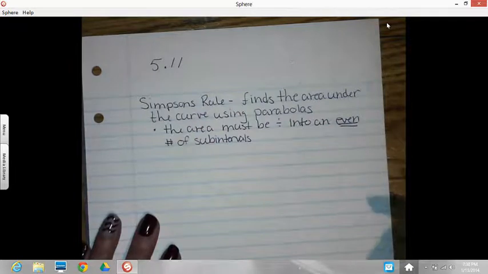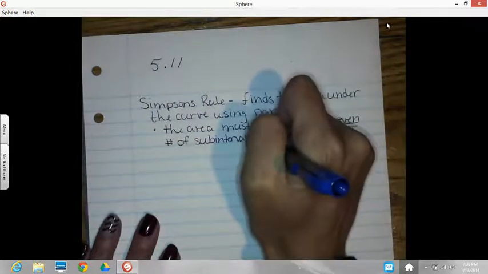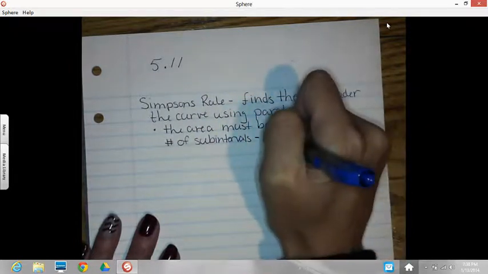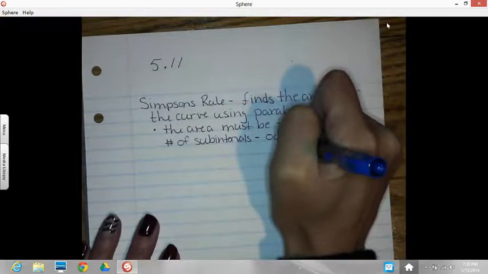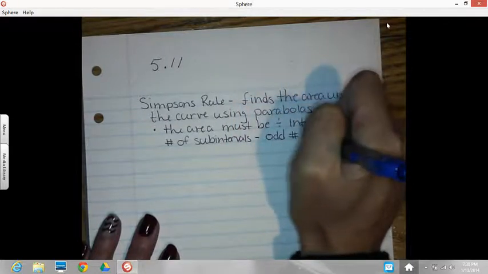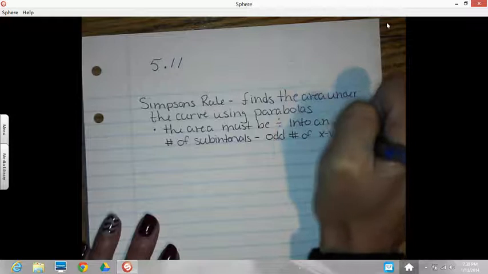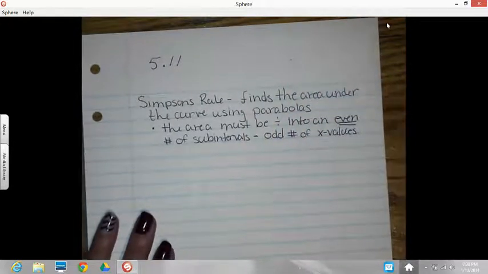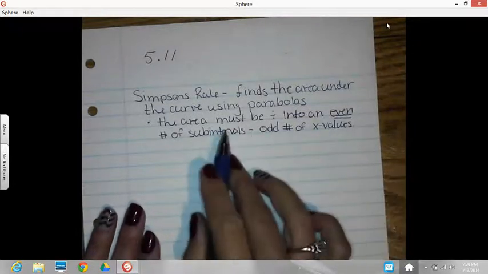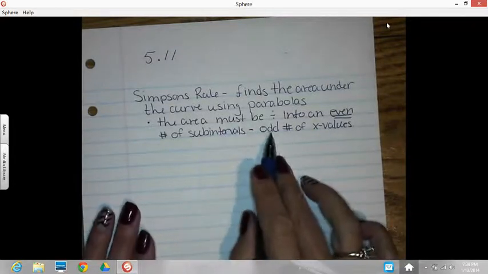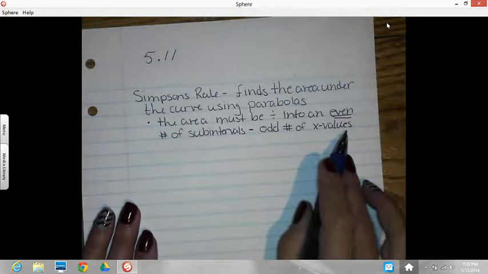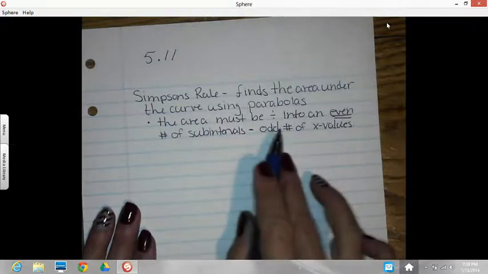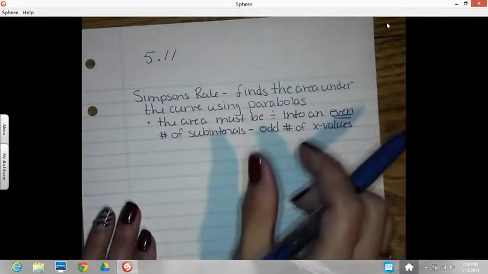In order to do this, you need an odd number of x values. I'll explain subintervals when I make the sketch. So we need an even number of subintervals, but they could have just said you need an odd number of x values to do it. And the subintervals must be all the same width.